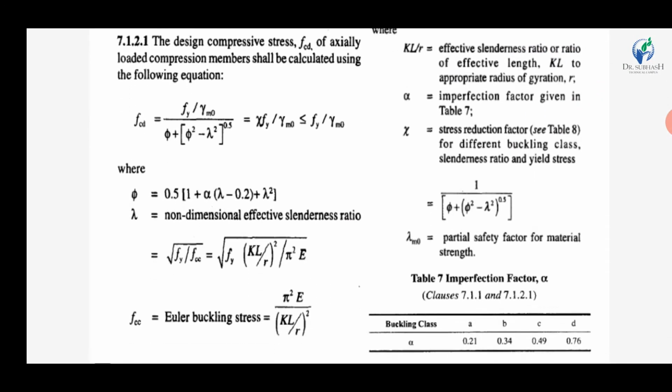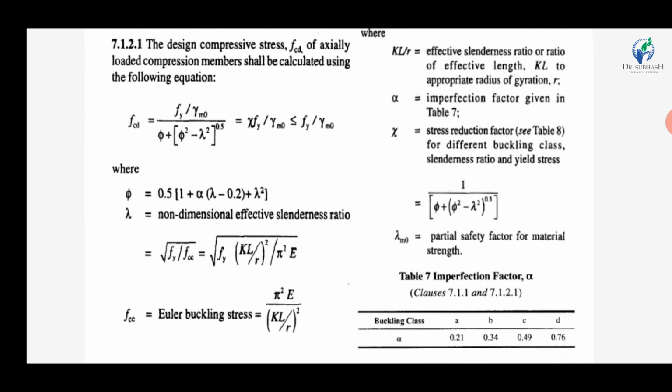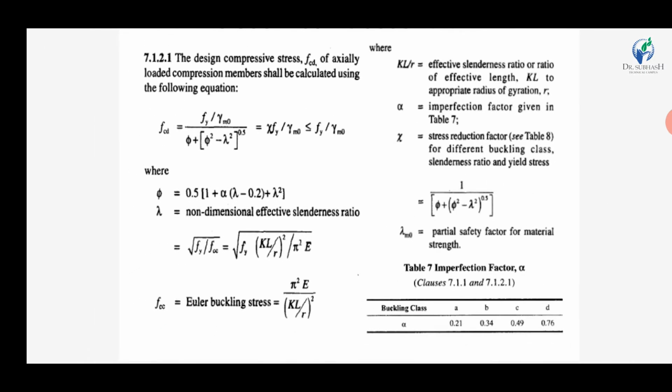Now before we calculate FCD, we need to know about phi, lambda and FCC. Phi is given by the expression 0.5 into 1 plus alpha into lambda minus 0.2, plus lambda square. Before we start the calculation of phi, we need to know alpha.